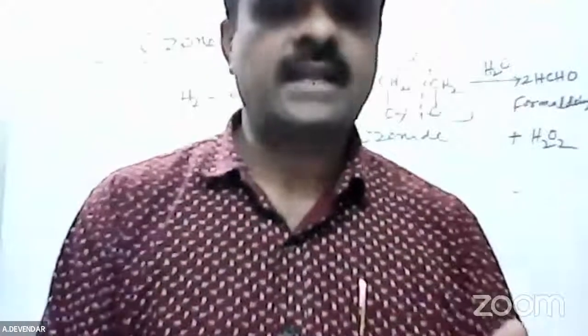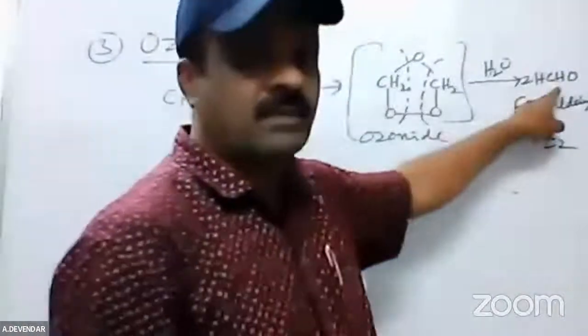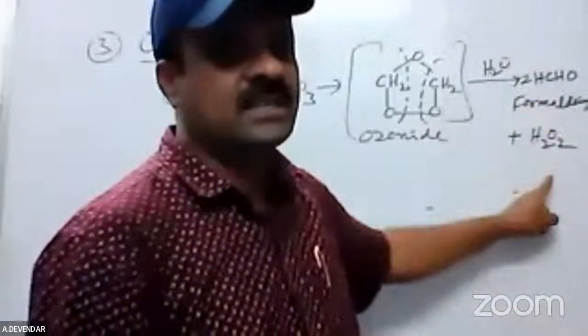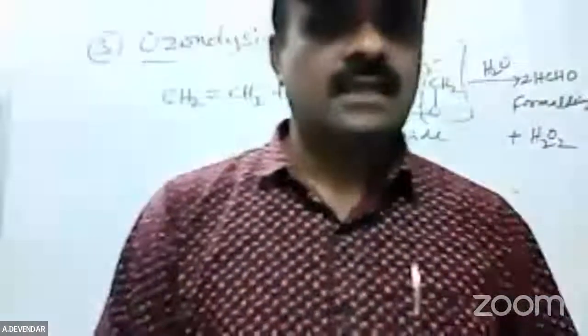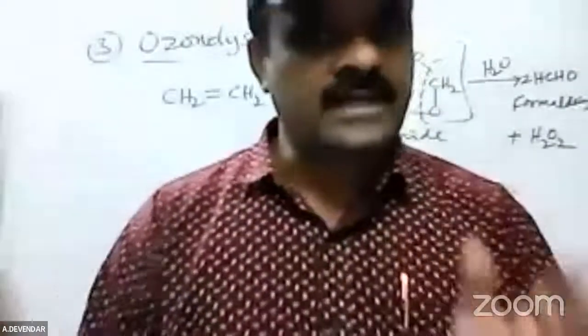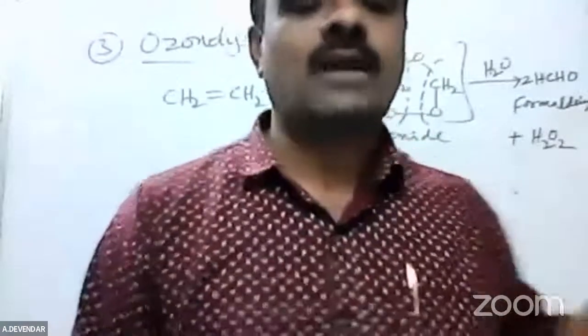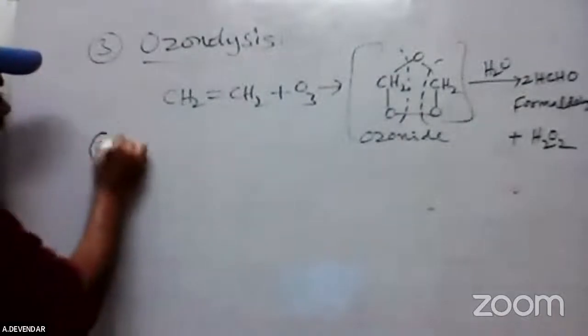That ethylene ozonide on hydrolysis gives carbonyl compounds, particularly here ethene gives formaldehyde, and hydrogen peroxide is liberated. This is also asked for 5 marks. Ethene on ozonolysis gives ethylene ozonide, which on hydrolysis gives 2 moles of formaldehyde and 1 mole of hydrogen peroxide. Next, the fourth one is polymerization.